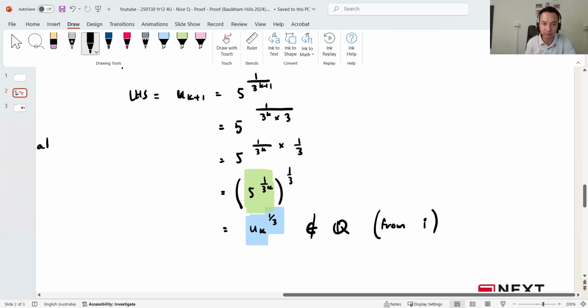So therefore, I mean, to be honest, the left-hand right side doesn't actually work. It just means that u_{k+1} is irrational. So, and then step 3, by whatever sentence or paragraph your teachers want, by principles of mathematical induction.